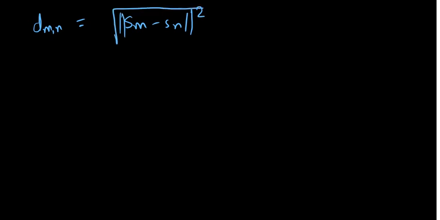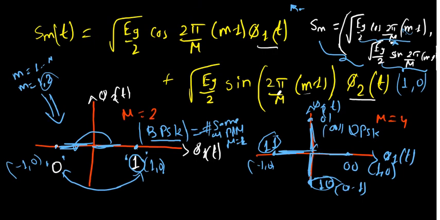So we know dmn will be nothing but the Euclidean distance of SM minus SN, taking under root. We know what SM is, it's nothing but root Eg by 2 cos 2 pi by m into m minus 1. I'm not writing the entire thing. This is, we know, x1 minus x2 the whole square plus y1 minus y2 the whole square. So this is x1, and what will be x2?